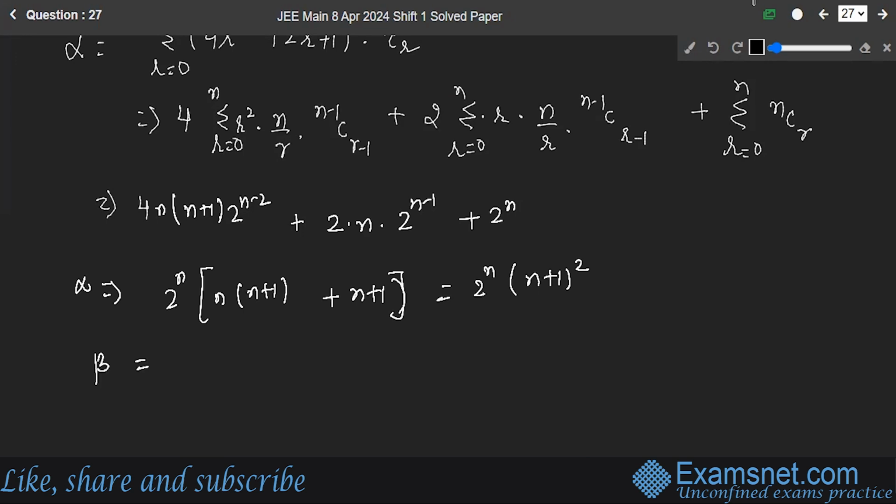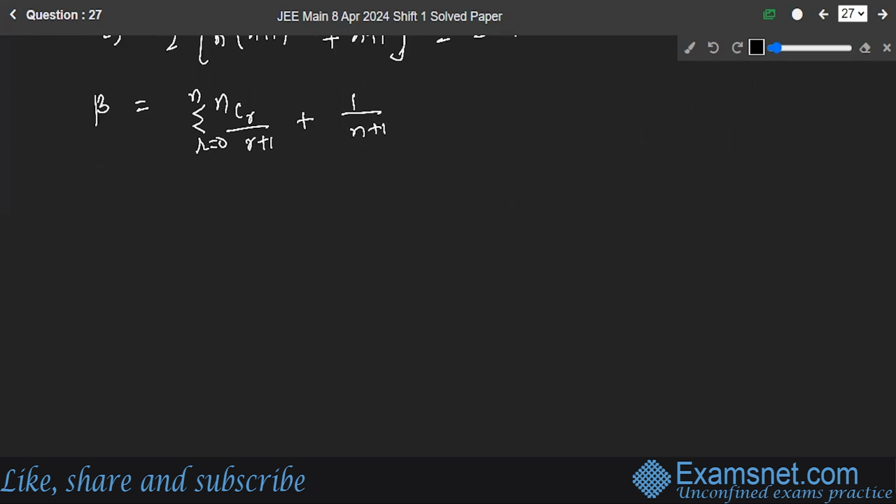And what is your beta? Beta was summation r equal to 0 till n of nCr upon r plus 1, plus 1 upon n plus 1. Or this will be equal to summation r equal to 0 till n of 1 upon n plus 1 into n plus 1 C r plus 1, because I have utilized this r plus 1.